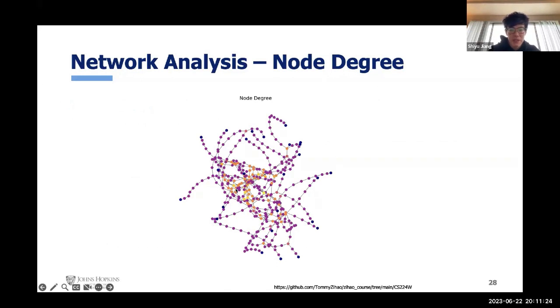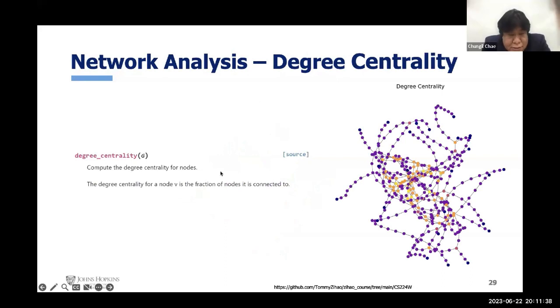So if the color is more similar to yellow or lighter, the node degree is larger, which means the importance is larger. We have something like degree centrality, but I will not explain the principle, just a brief hint here.